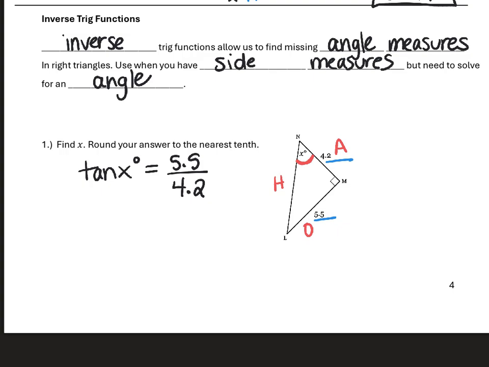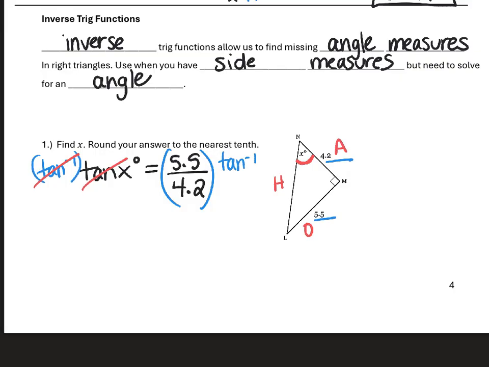To get x by itself, to solve for x, we take the inverse tangent of both sides, which is this. And we are going to take the inverse tangent of both sides because that is the inverse operation of the trig function. The buttons for these are right above your sine, cosine, and tangent button on your calculator.